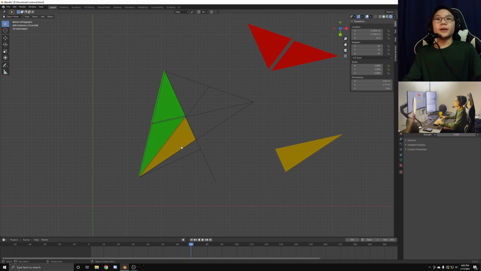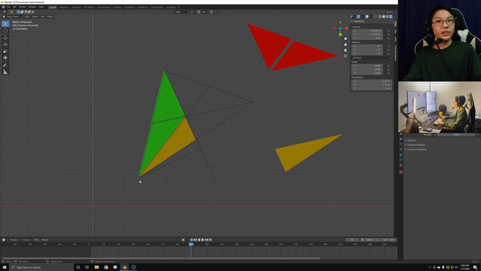And notice how the area of 1 yellow triangle is going to be equal to the area of 1 green triangle, because the area of each of these triangles are going to be equal. And since there are 2 of these, therefore the area of these 2 green triangles will be 2 times as much as the area of this 1 yellow triangle.